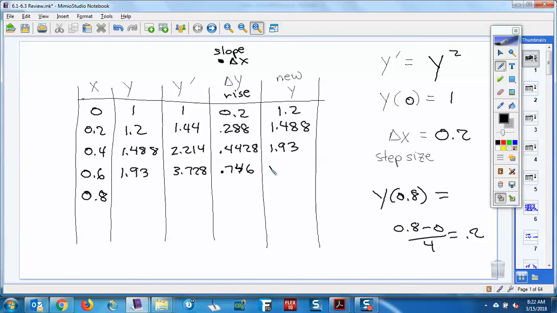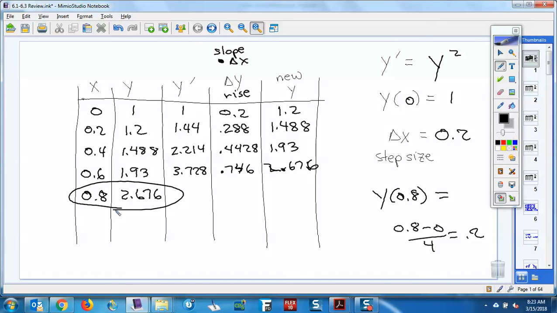And then 2.6. Okay, and in here they have 2.676, and that was what we wanted, right? 0.8 and 2.676. So y of 0.8 is that.